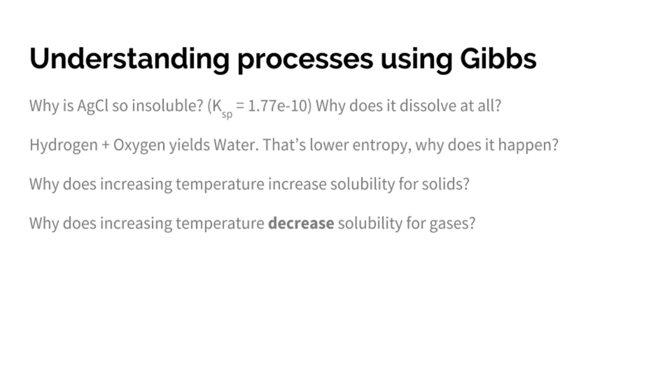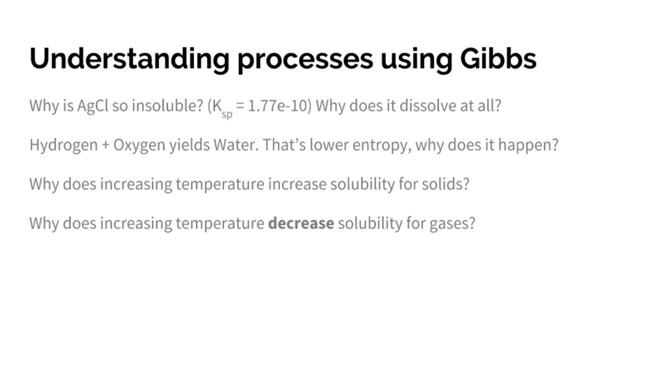Now, why does increasing temperature increase solubility for solids? Well, think back to the silver chloride example. You have the solid on the reactant side, and you have ions in solution, aqueous, on the product side. As you increase temperature, you're increasing the importance of entropy. Entropy dominates at high temperatures because of T delta S. Enthalpy dominates at low temperatures, because the lower the temperature, the smaller that T delta S factor becomes.